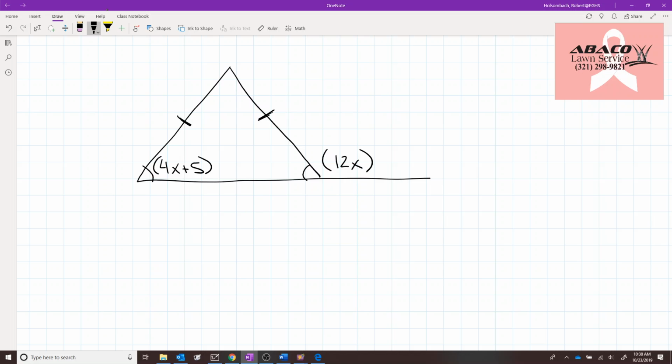So if one base angle is 4x plus 5, what's the other base angle? And what did these two angles have to add up to? 180, right? Because they got to sum 180 because they're a linear pair.